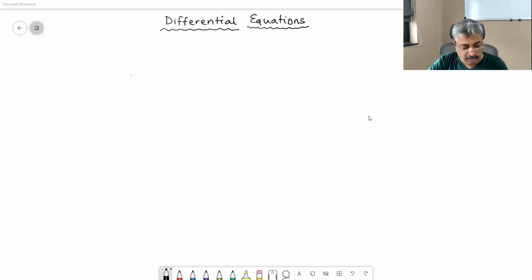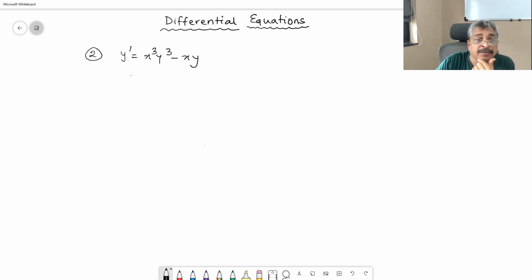Okay, last lecture we just solved one problem on Bernoulli's type of differential equation. Let us practice by solving a couple more problems on that. Problem number 2: y dash is equal to x cube y cube minus xy.